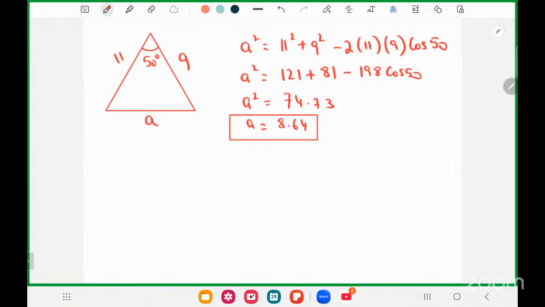I hope this is clear. मैंने यहाँ पे a is equal to under root of 74.73 करा तो यह 8.64 है.